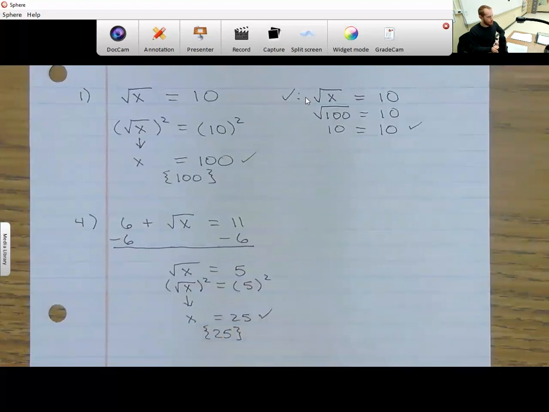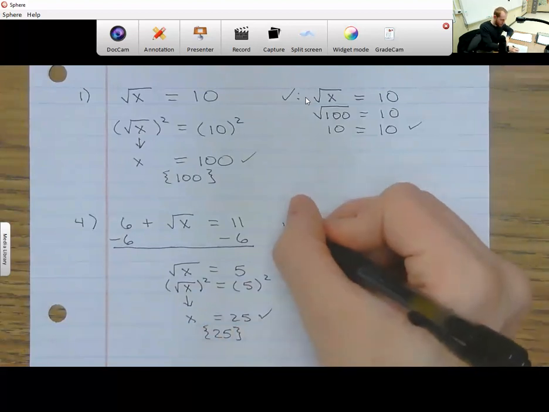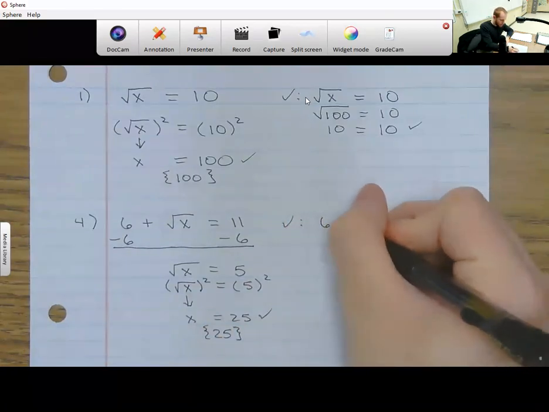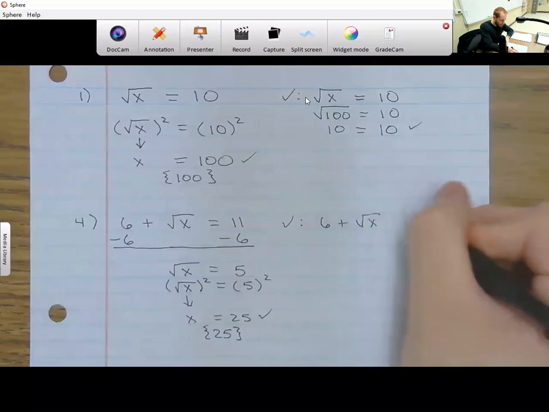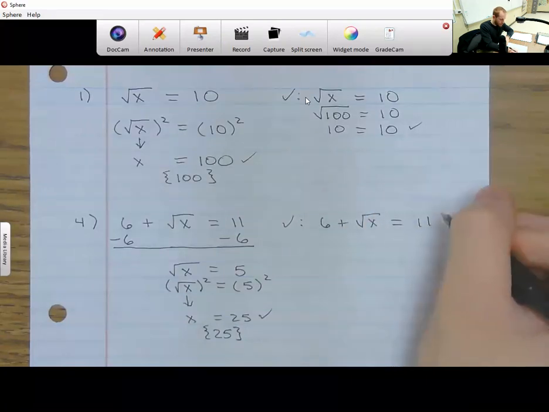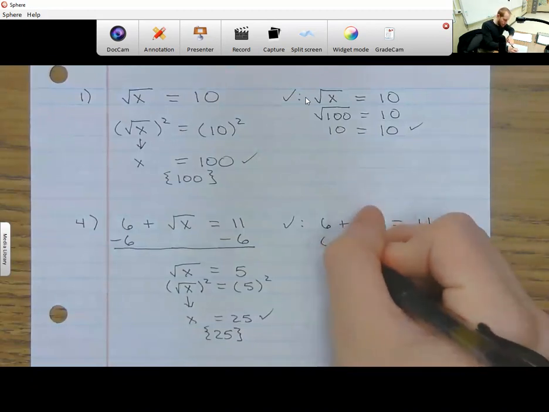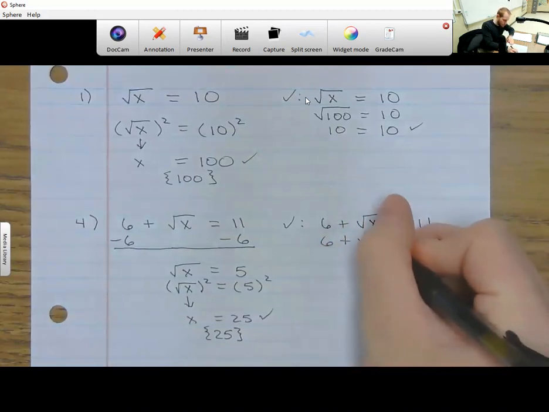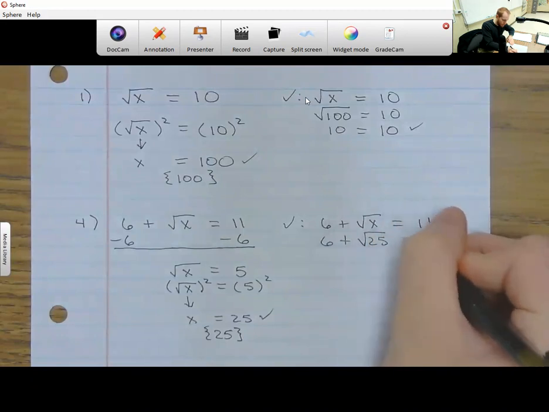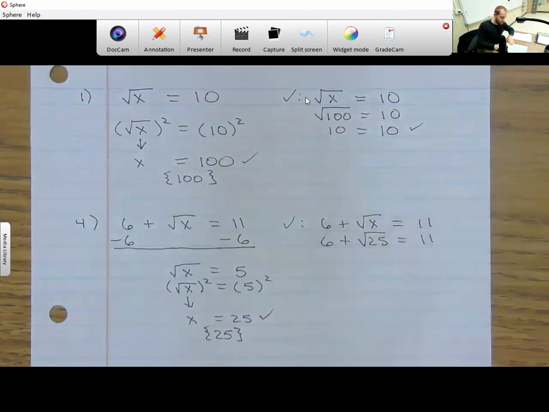All right, so now I can check it. I write my equation out like usual. Don't change anything in it yet. And now that I've written out my original equation, I can plug in x is 25 and see what happens. So I get 6 plus the square root of 25 is equal to 11.